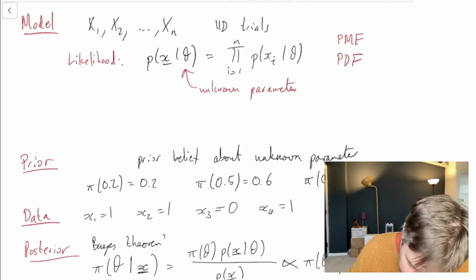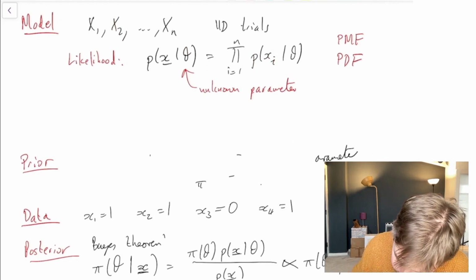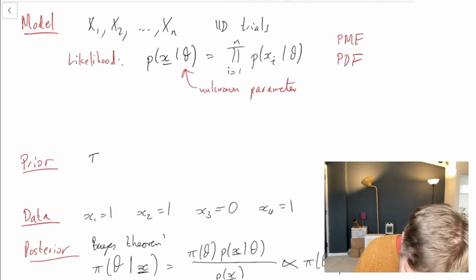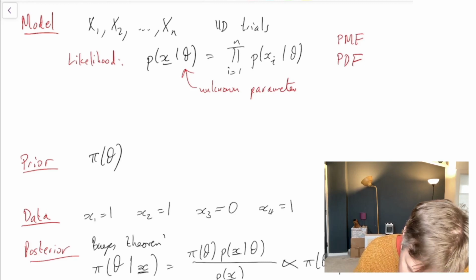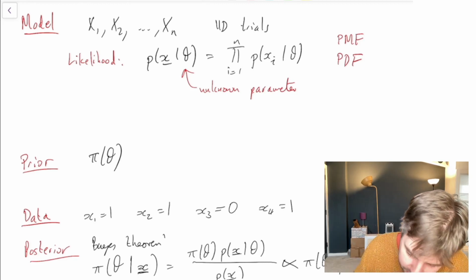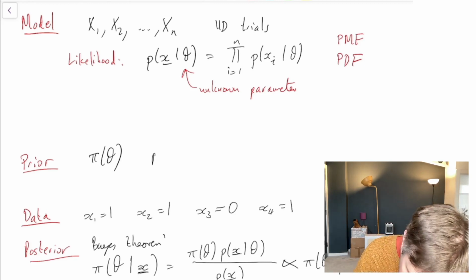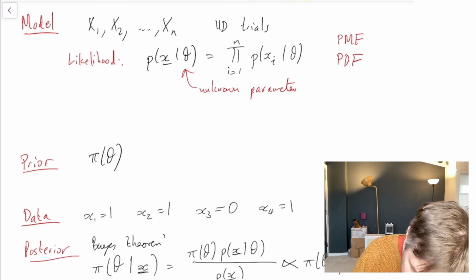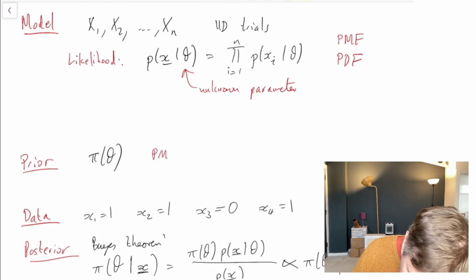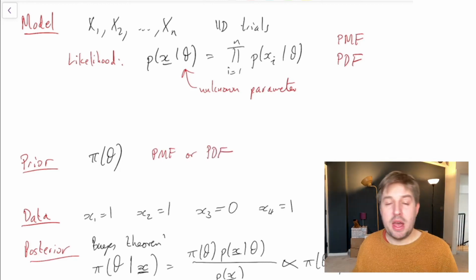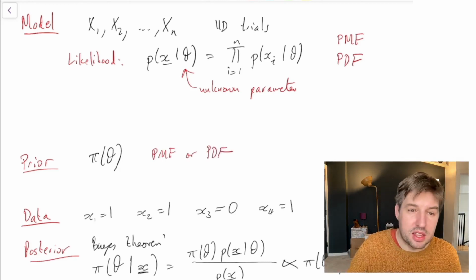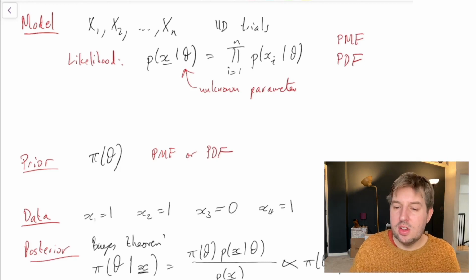And so generally, our prior was just some pi of theta, being the prior probability that the unknown parameter equals theta. And again, this could be a PMF or a PDF, depending on whether we think the parameter theta is discrete or continuous.